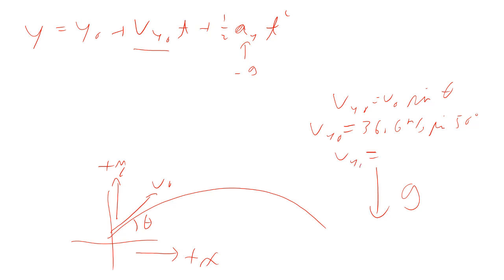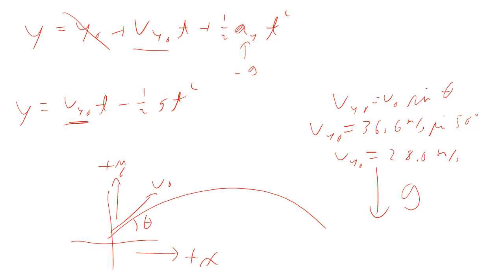So vy naught is going to be equal to 28 meters per second. Y naught is 0. So y is going to be equal to vy naught t minus 1/2 gt squared.